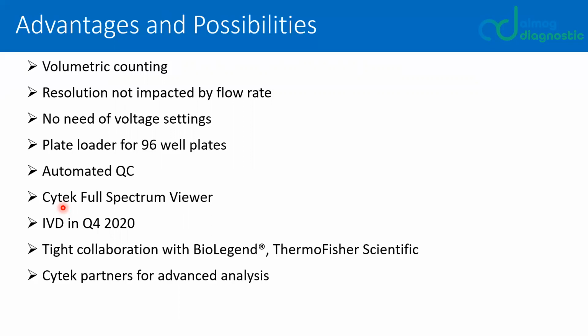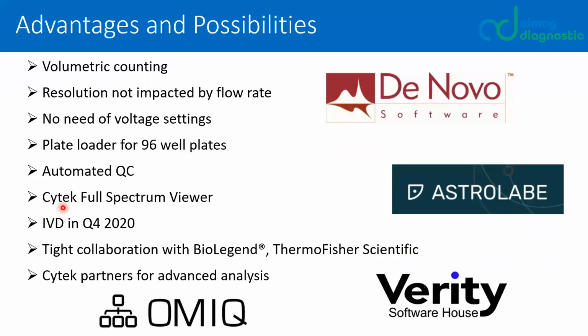So collaborations with companies like BioLegend and Thermo Fisher are also going on, and they assist to develop new dyes and antibodies that can be used in spectral flow cytometry. Also, Cytek has established partnerships with software companies developing software for deep and advanced analysis, like FCS Express from De Novo, Astrolabe, Verity, and OMIQ.